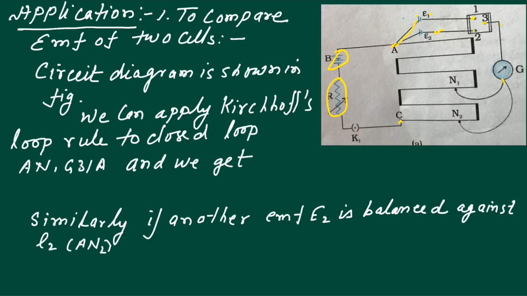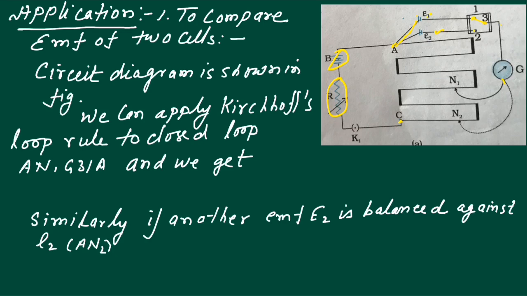Here, for the cell E1, when points 1 and 3 are connected, the balancing point is obtained at point N1, and this N1 has the length L1.